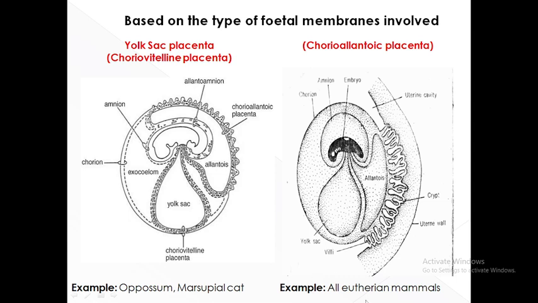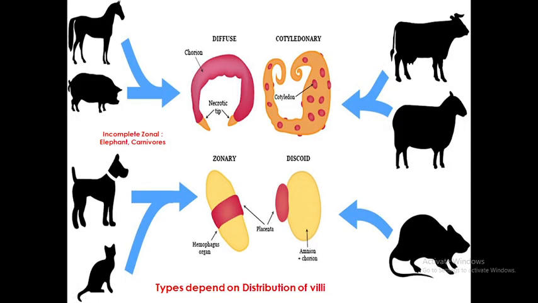and the choreo-allantois placenta is present in all eutherian mammals. Now this choreo-allantois placenta can also be present in different fashions in different mammalian organisms. So the next type depends upon the distribution of villi, and the placenta can be divided into different types. Generally, the chorionic villi are present surrounding the embryo.